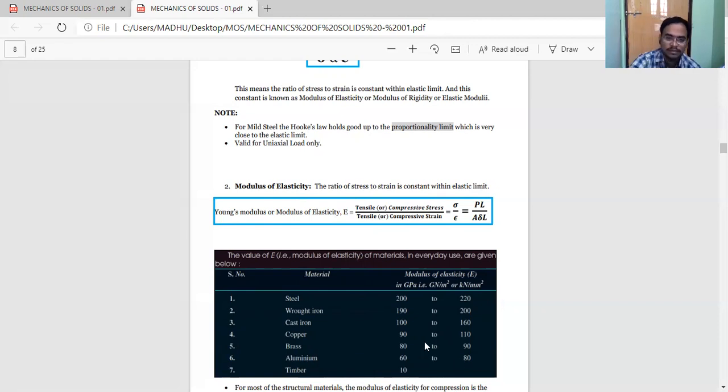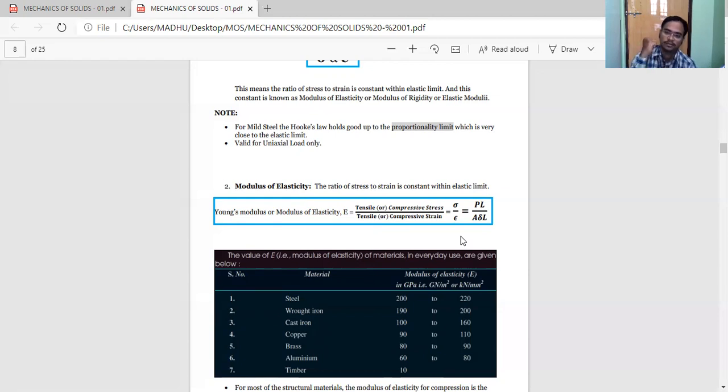It means Young's modulus, or modulus of elasticity, E is equal to 200 for steel. What does it mean? Stress is very, very high compared with strain. So the resistance forces that are induced in the bodies are very, very high.